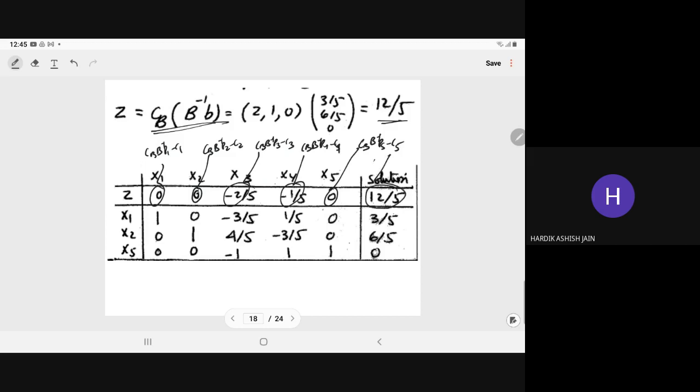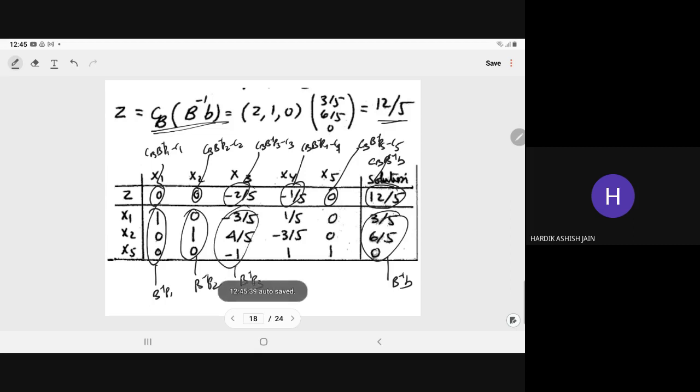And this is corresponding to CB B inverse B, and this is corresponding to B inverse B. And this is corresponding to B inverse P1, B inverse P2, B inverse P3, B inverse P4, and B inverse P5.